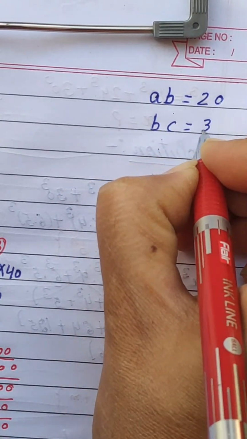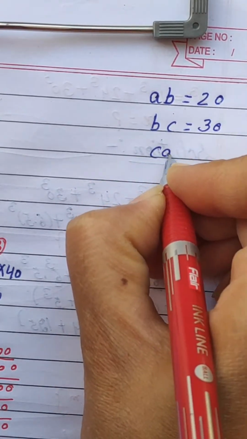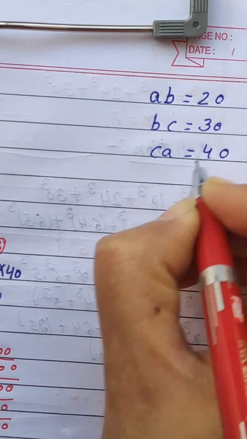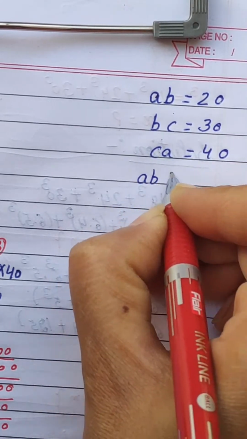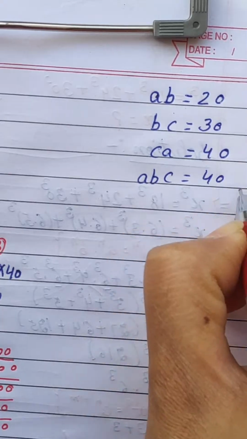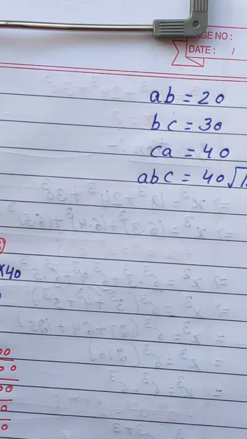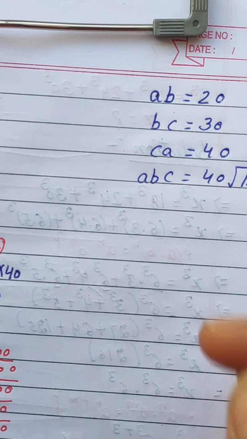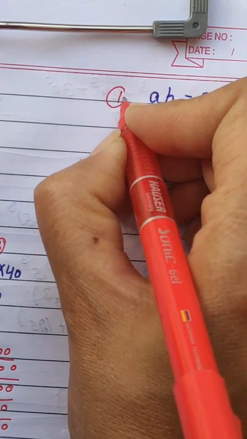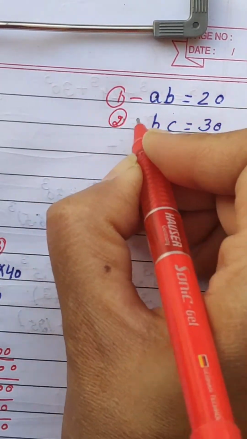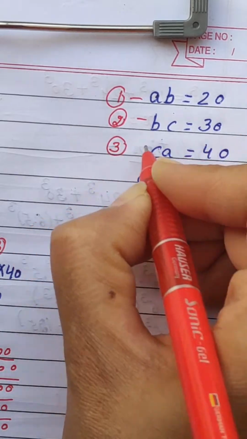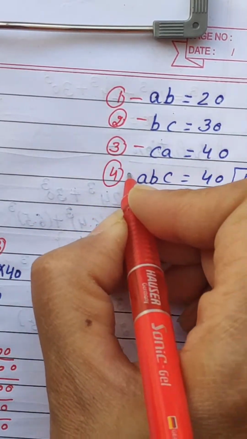BC is equal to 30. CA is equal to 40. And the last one we got: ABC is equal to 40 root 15. So this is our first statement. This is our second one. This is our third one. And this is our fourth one.